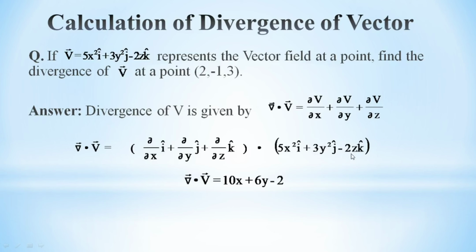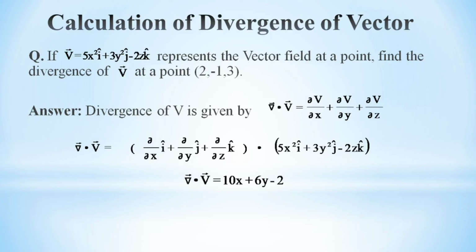With respect to z, we get 1 as the differential. If we multiply it with minus 2, we get minus 2. That is, del dot V, or divergence of vector field V, is given by 10x plus 6y minus 2. Since we don't have any unit vector terms here, this is a scalar quantity.